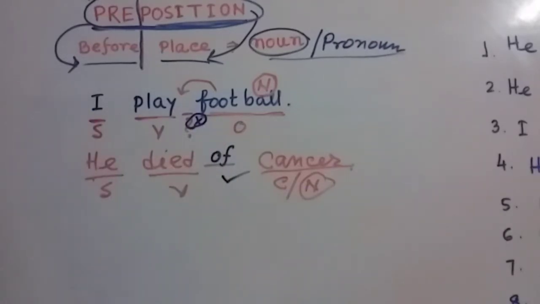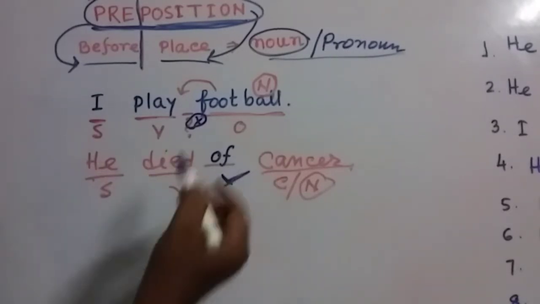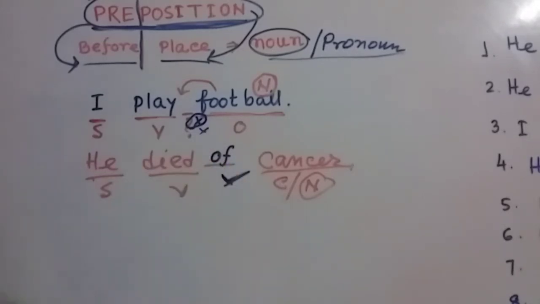We have to understand this situation. Why are we using a preposition here and why are we not using one here? This is the main concept of preposition. My dear friends, this is really a tough thing. You can say it's really a tough part of English grammar.